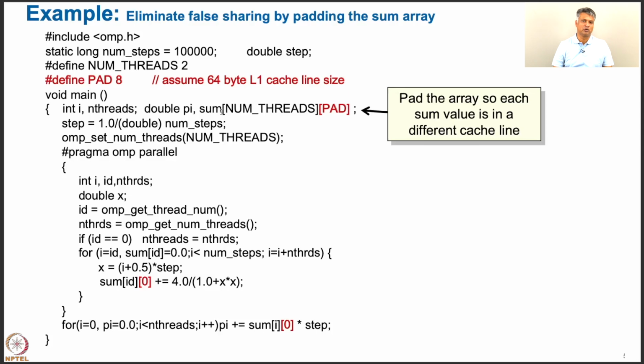For example, now this array sum has the total number of threads and also an addition of 8 elements. So every 8th element is where the sum is actually being stored, and 7 elements are just being discarded and not utilized.